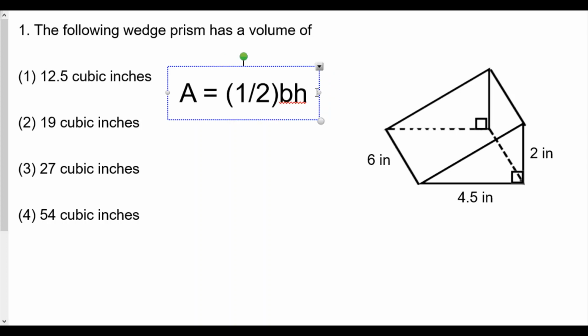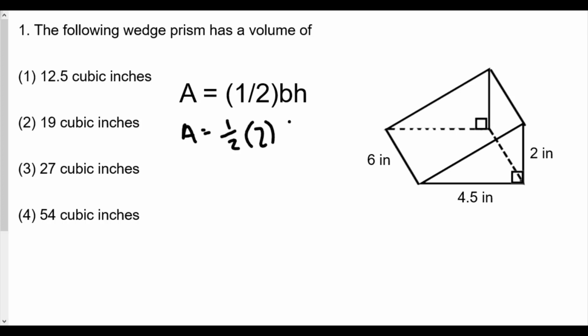So let's fill this in here. We know the base and height are the perpendicular distances to each other, so our area is equal to 1/2 times 2 times 4.5, which gives us really 4.5.